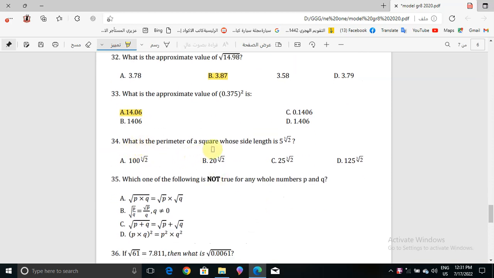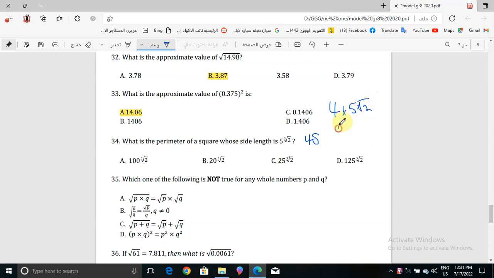What is the perimeter of a square whose side length is 5 cube root of 2? He is asking about the perimeter of a square, and the perimeter of a square is equal to 4s, right? 4s. So that means 4 times 5 the cube root of 2.